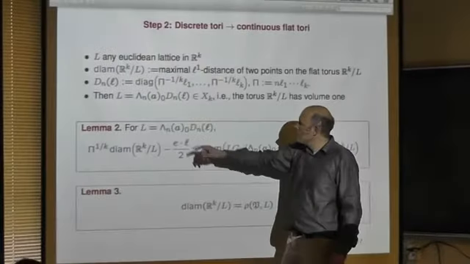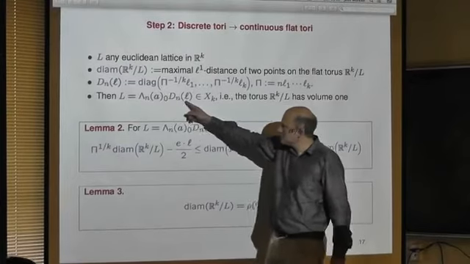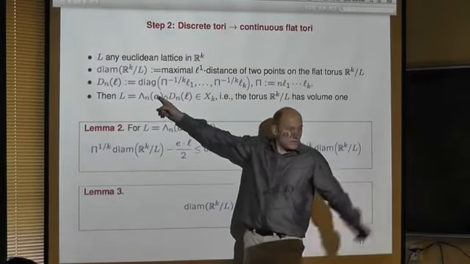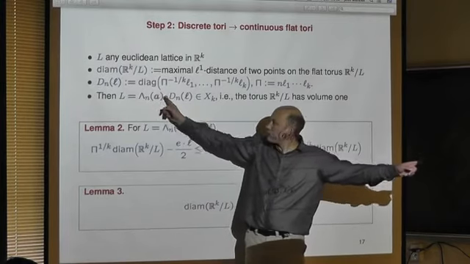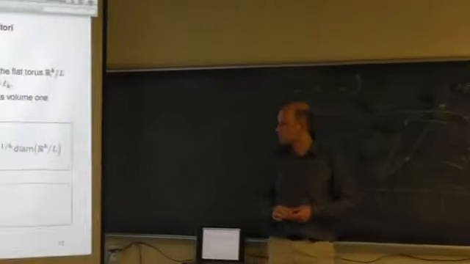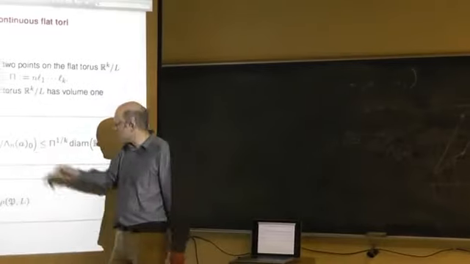So n plays the role of a volume, and each direction is rescaled by n to the 1 over k. Now pick this particular lattice, the subgroup that we had in this construction, and all this matrix is doing is the zooming in. So we have this matrix, and then you have this inequality.